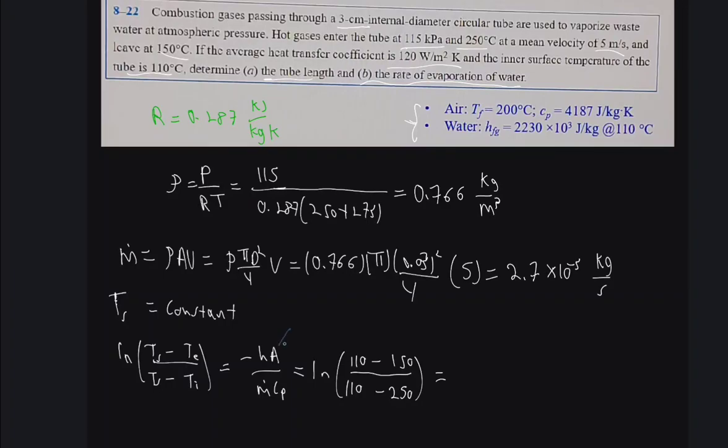I'm going to replace this A with the surface area of a cylinder, because we do know it is a cylinder. It's a circular tube. That means a cylinder. So the surface area of a cylinder is pi dl. We are given H, that was 120.